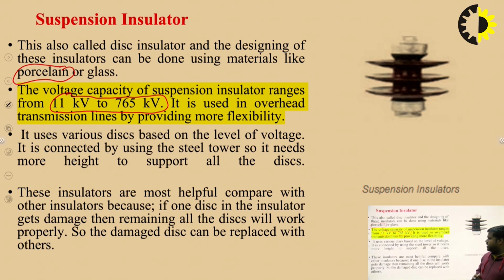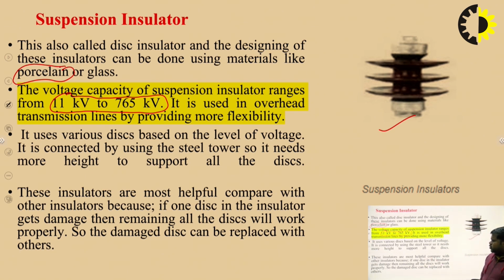It is used in overhead transmission line systems by providing more flexibility. These are used in a very broad way, in industrial and commercial applications also. It uses various discs based on the level of voltage, connected by using steel links, so it needs more height to support all the discs.